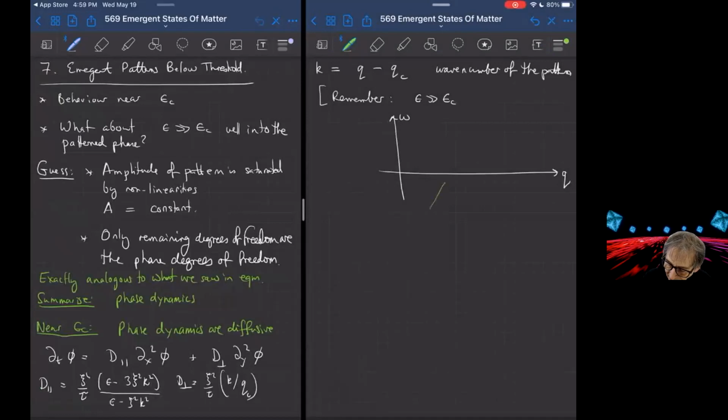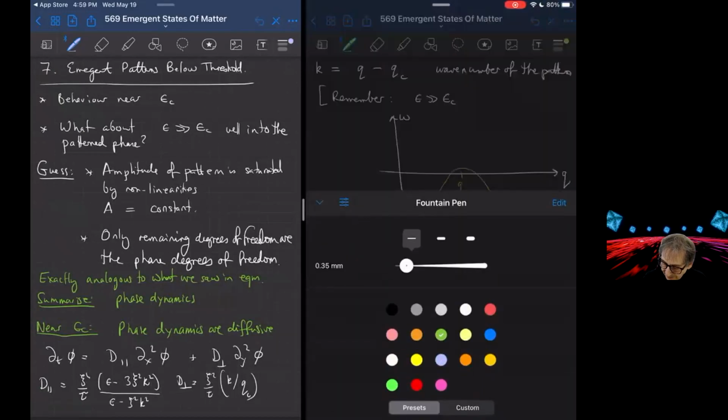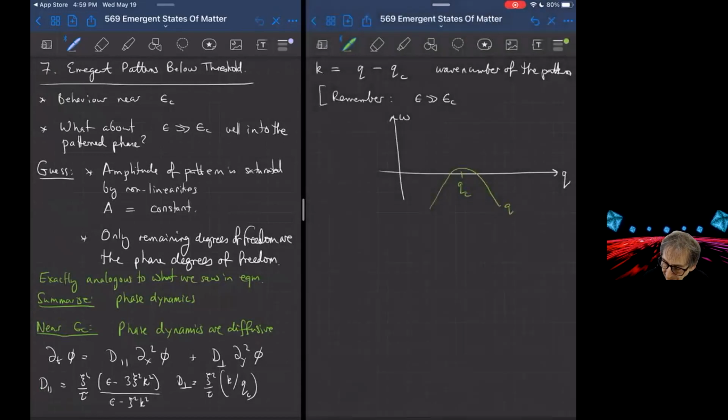Usually what we're interested in is something like this, where this is qc. This is the case where epsilon is just slightly above epsilon c, and now we're in the situation where epsilon is a lot bigger than epsilon c, and so we have a whole band of unstable wave vectors like so.